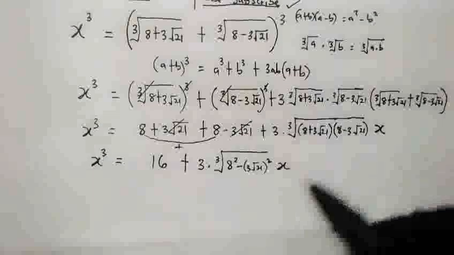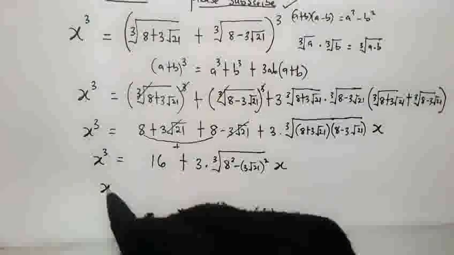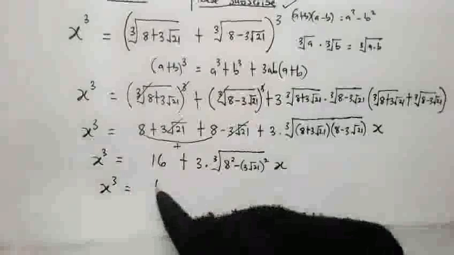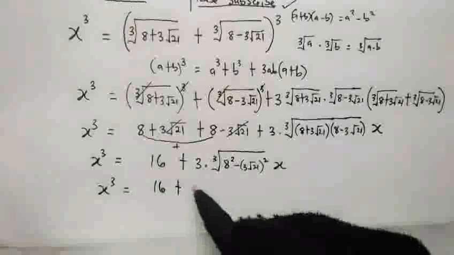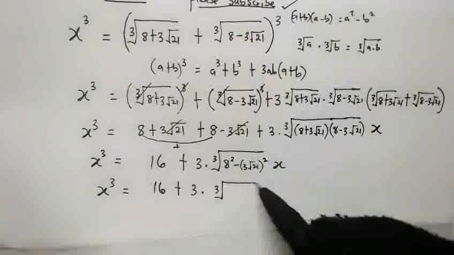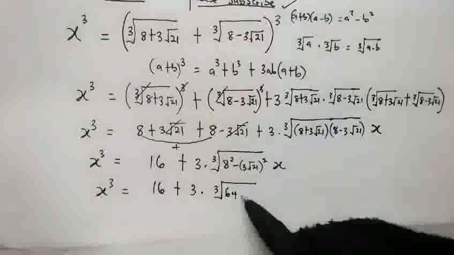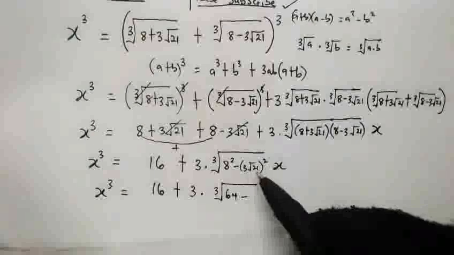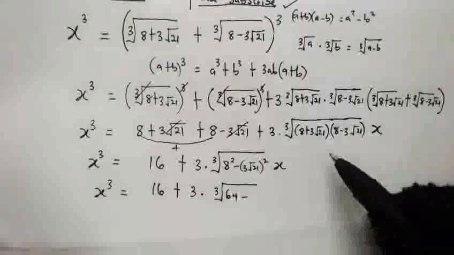Okay, so now we have x cubed is equal to 16 plus 3 times the cube root of 64 minus 3 root 21 squared. So let's see what that is going to give us.